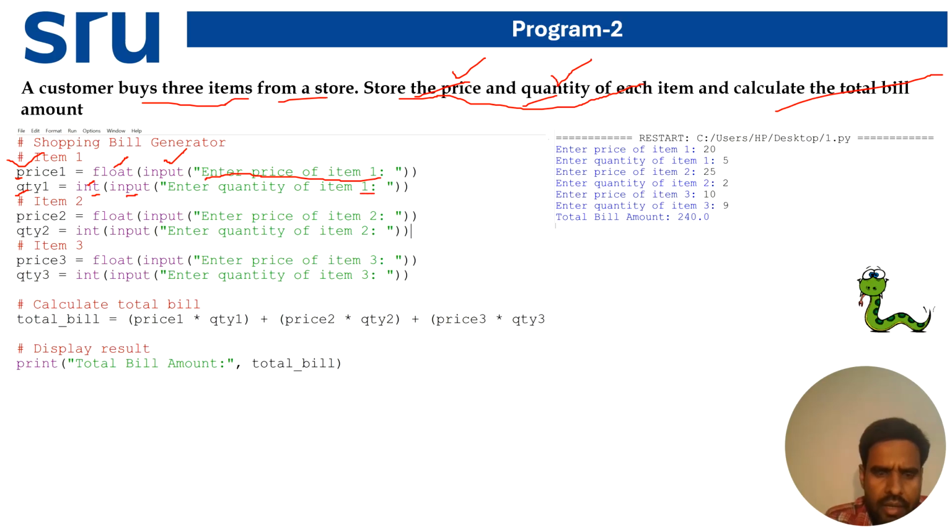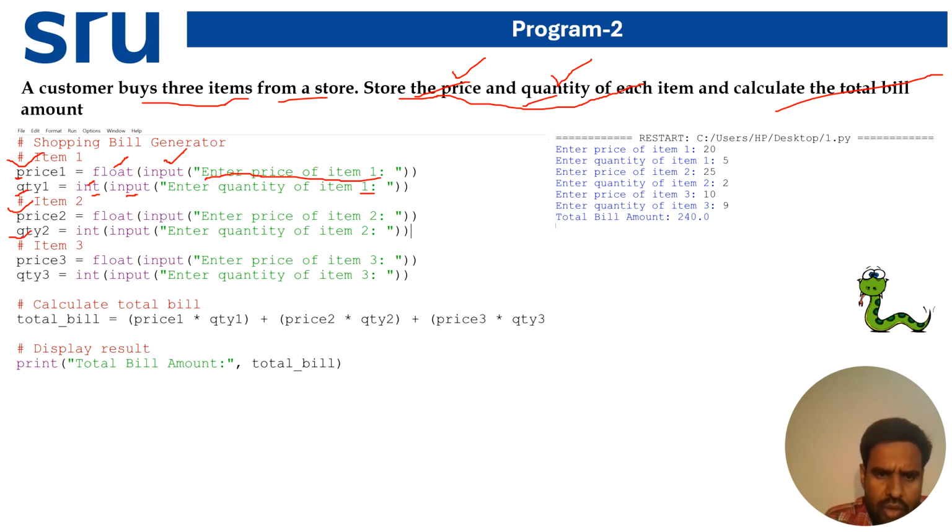Now for item 2, in the same way, price2, the second variable. Float for the decimal point, input "enter the price of item 2". Whatever the price, it will take it.